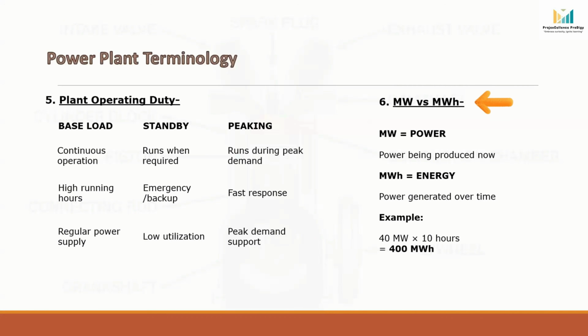So 1 megawatt hour is equal to 1000 kilowatt hours. If our plant runs at 40 megawatts for 10 hours, the energy generation will be 40 into 10, which is equal to 400 megawatt hours. So remember, megawatt is power, but megawatt hour or kilowatt hour is energy.